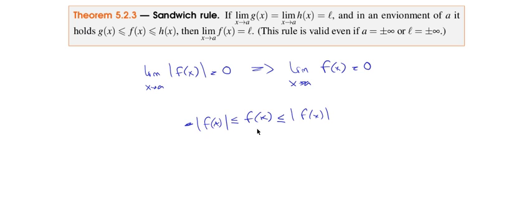So if the limit of this is going to 0, we have that the limit of the function is going to 0, as we have seen in sequences.